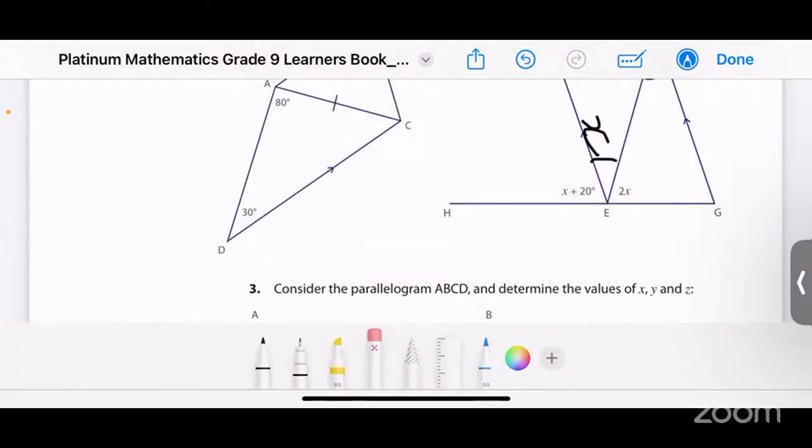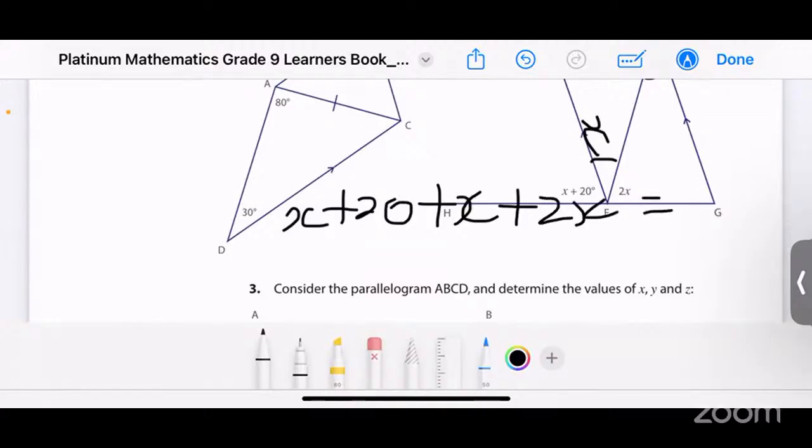So we are saying X plus 20 plus this X plus 2X is equals to 180 degrees.